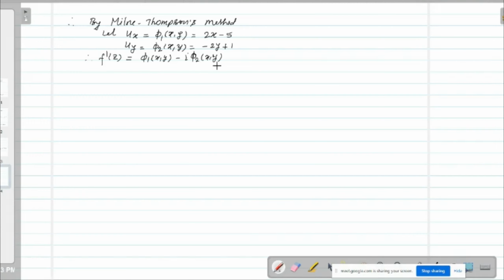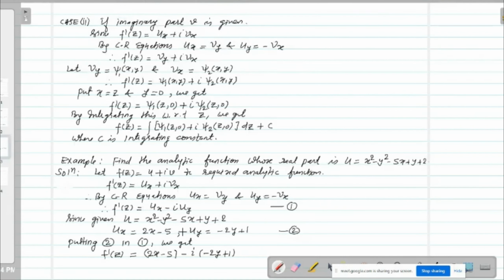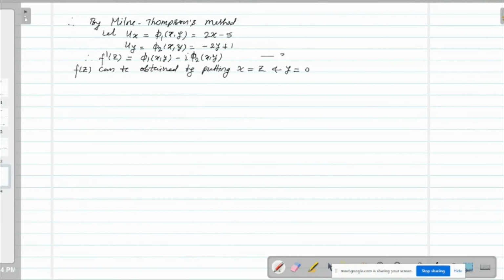So by the Milne-Thompson method, f of z can be obtained by putting x equal to z and y equal to 0 in this expression, that is, in equation number 3.